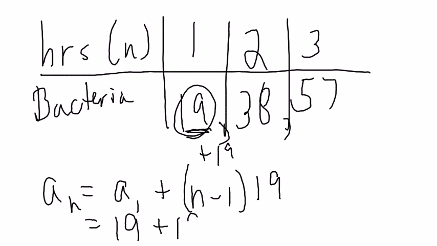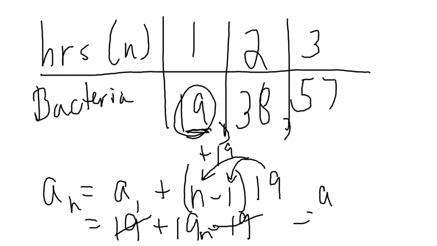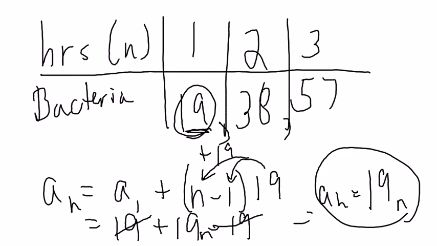We distribute the 19 also to the -1, which gives us a -19. So you get 19 plus 19n minus 19, these two 19s will end up canceling. And so a sub n equals 19n. So it's just 19 times the number of hours, which you can see is obviously true.